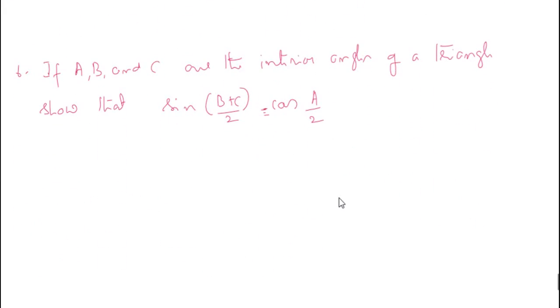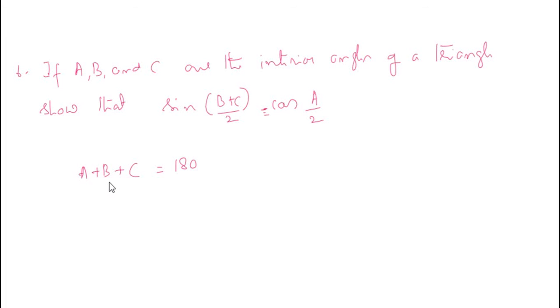Last one. If A, B and C are the interior angles of a triangle, show that sin of B plus C by 2 equal to cos A by 2. In a triangle, you know the angles A plus B plus C, these are the three angles, the sum of those three angles equal to 180 degree.